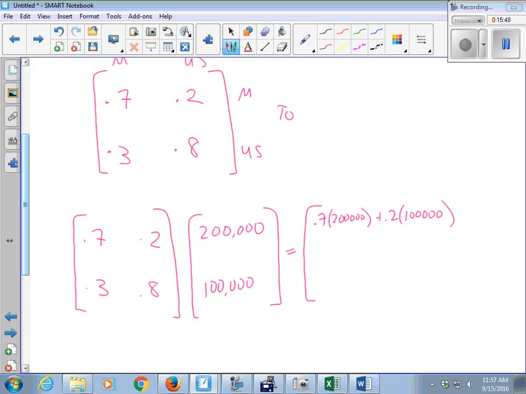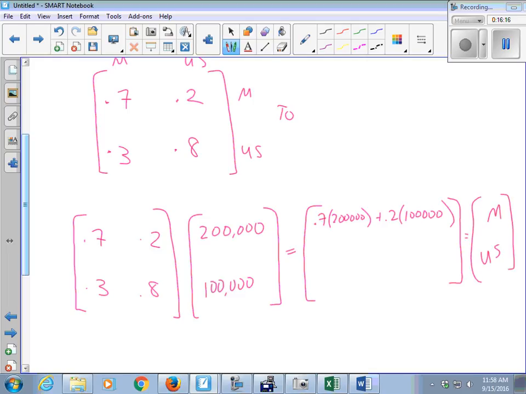That's 70% of Mexico's 200,000 plus 20% of the United States' 100,000 people. What is that representing? Mexico's population, right? 70% of the people that were already there stay, and 20% come from the United States.